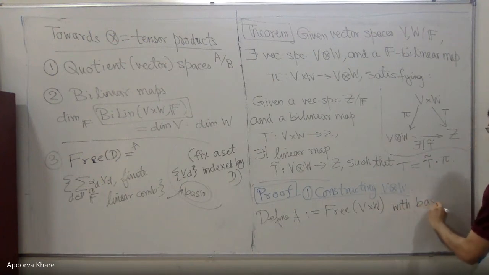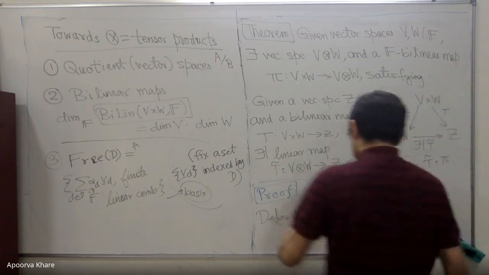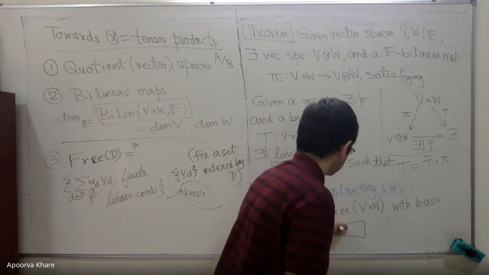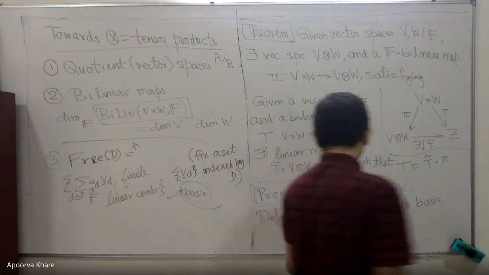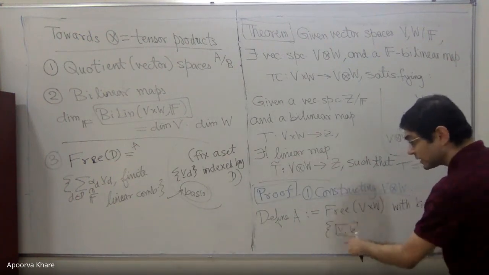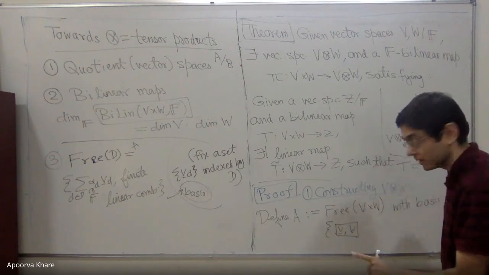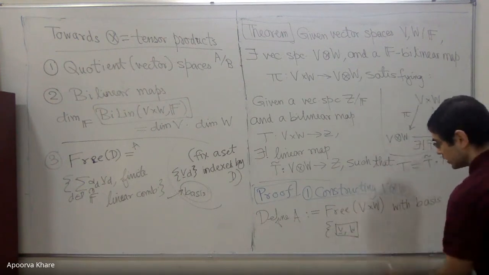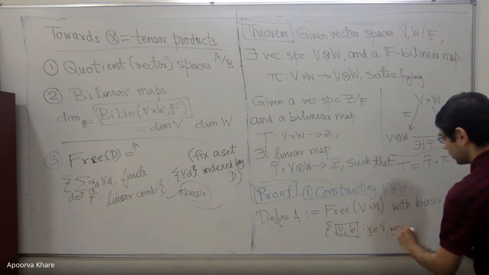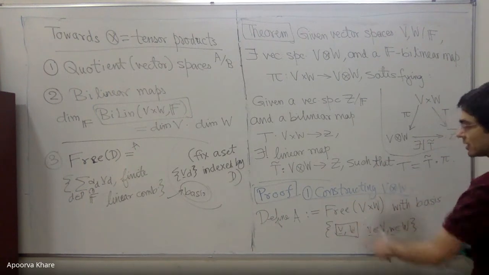I will use some kind of pictorial notation with basis. I will draw them in rectangles, (v, w), where v is in V and w is in W. So (0, 0) is also a basis element, (0, 0) inside a box, such that v is in V and w is in W. So I will use this basis all along.